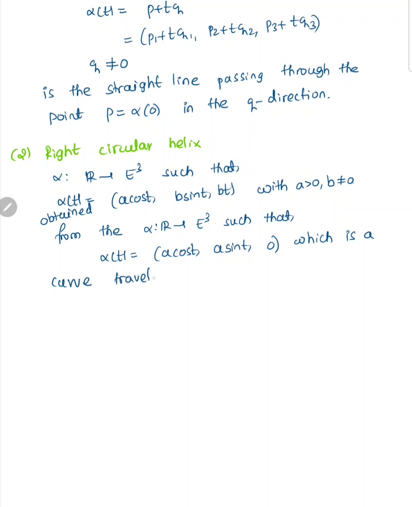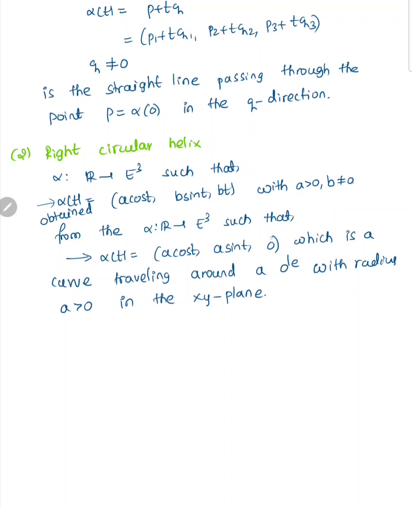which is nothing but a curve traveling around a circle with radius a greater than 0, which is in the xy plane. Here, in order to get the right circular helix, which is given in terms of a cos t, a sin t, bt, we have to rise the curve alpha of t is equal to a cos t, a sin t, 0.